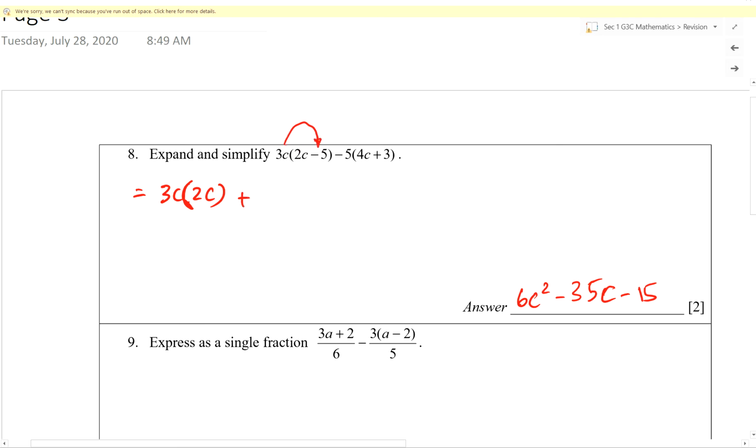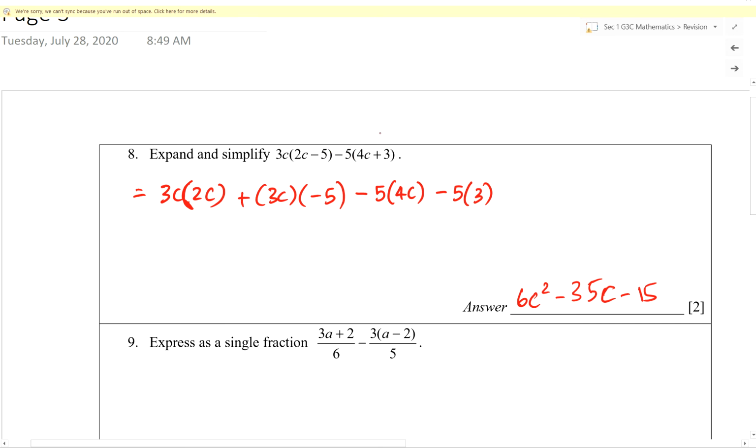So we have plus 3c multiplied by -5, and we continue. Okay, now this is a problem. Here we have -5. We need to multiply to 4c. So minus 5 times 4c. The next one will be the same, -5 times 3. Minus 5 times 3. Okay?